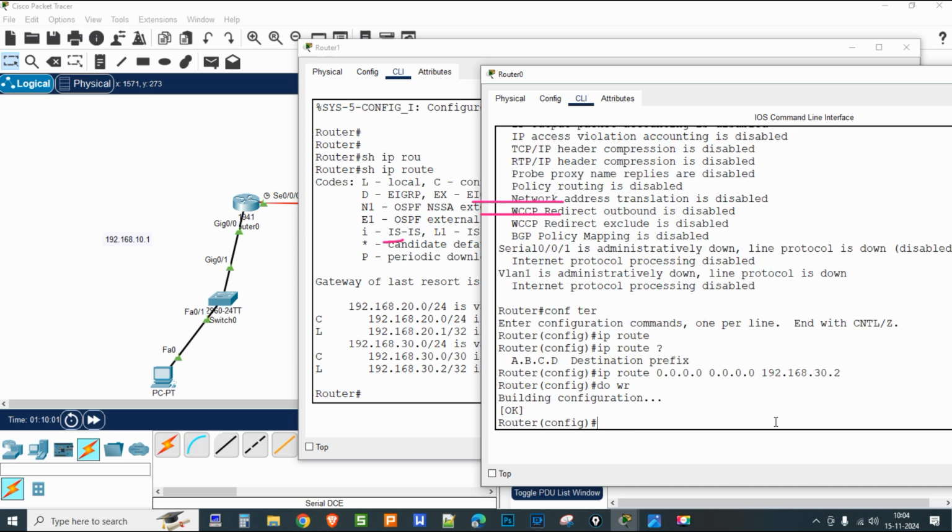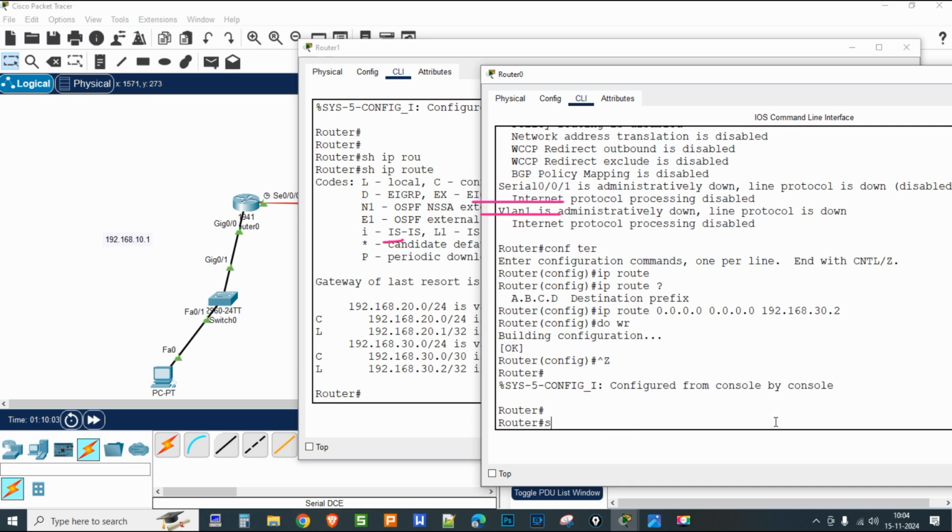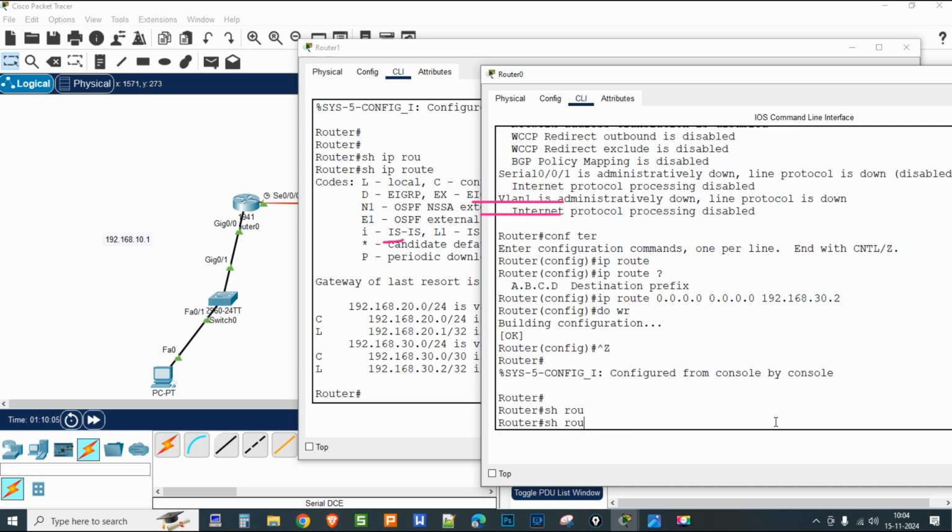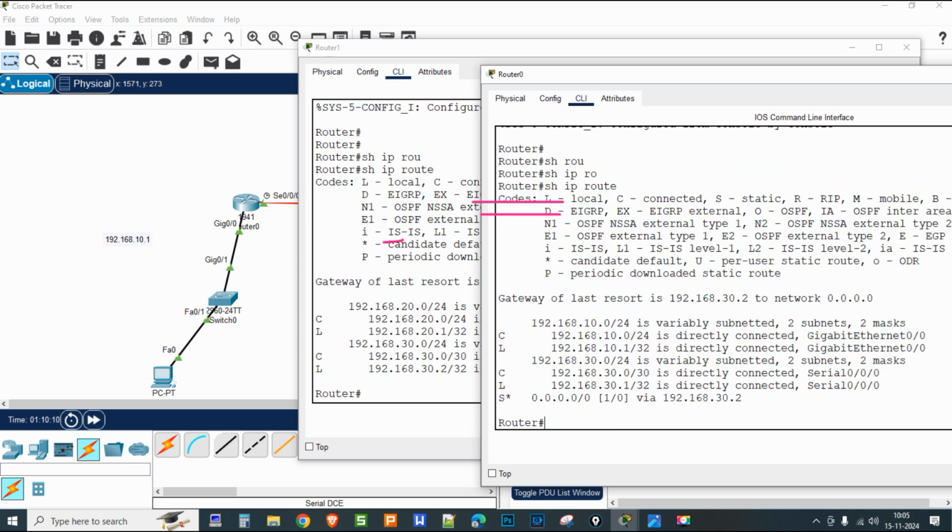Then save the configuration. Here you can see this is the default static route, candidate default. So what is the candidate default route?